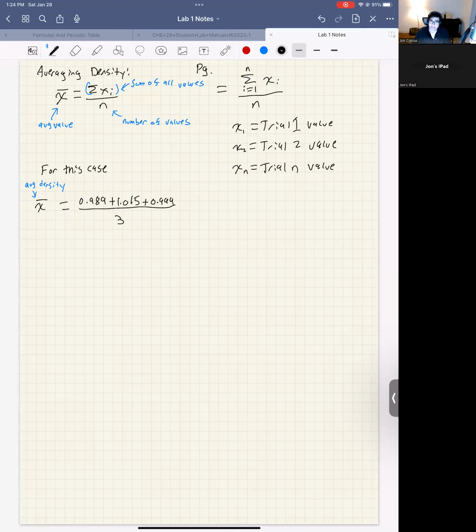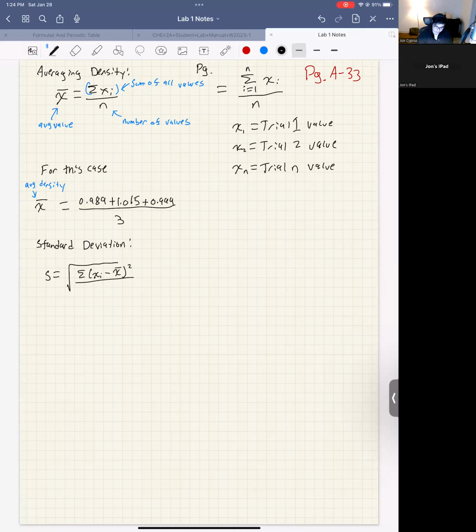Okay, next is the standard deviation. So that is your average. Your standard deviation has a formula, again, on page, let me do this in red, A33. It has a formula of S is equal to this thing right here.